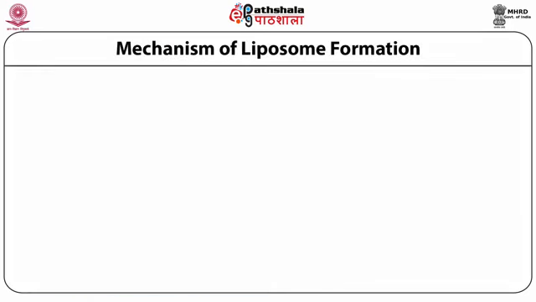Now students, let us see how this liposome is going to be formed. The mechanism of liposome formation is based on the nature of the lipid, which is the main component of the liposome. Lipid molecules are amphiphilic in nature, that is, they have a hydrophilic polar head and a hydrophobic tail of hydrocarbon chains.